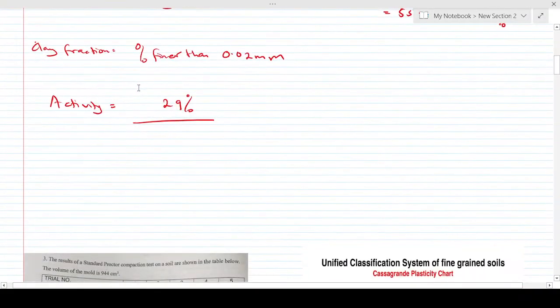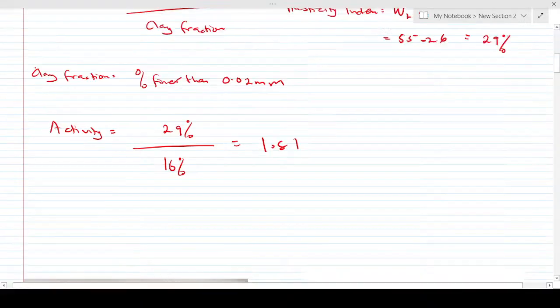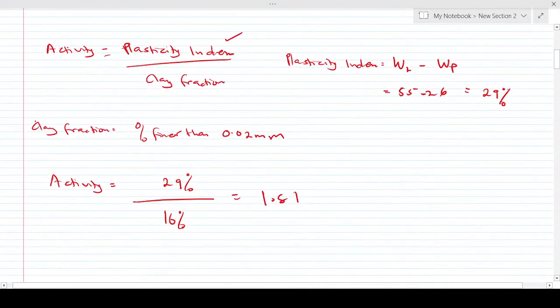Then we compute this, and we have our activity to be 1.81. You can be asked to comment on the activity. I know that if the activity is greater than 1, the soil has a very high shrink-swell potential. You can be asked to classify the soil based on the activity, so take note of that. It has no unit because the percent signs are going to cancel out.